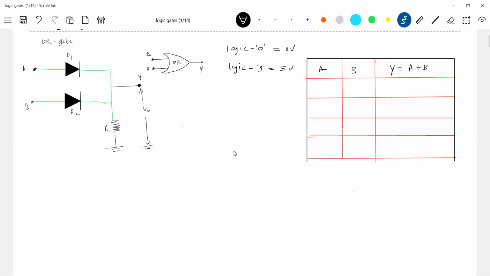This is theoretical. Practically, what will happen? Practically, logic 0 ranges from 0 volt to 0.8 volt, and logic 1 ranges from 5 volt down to 3.8 volt.